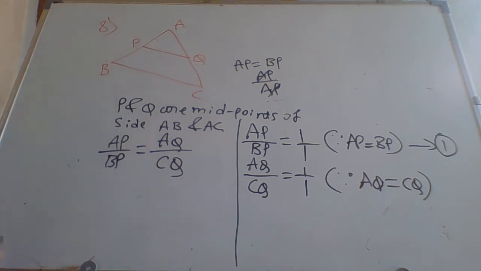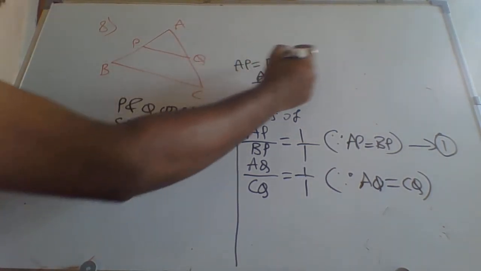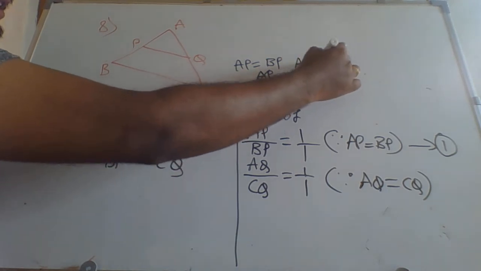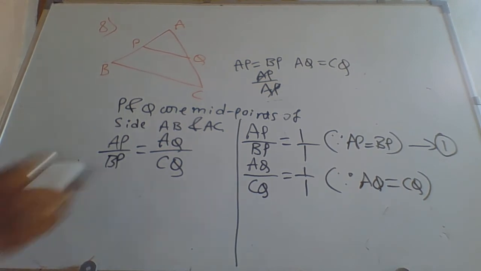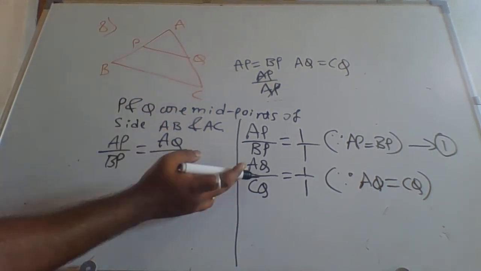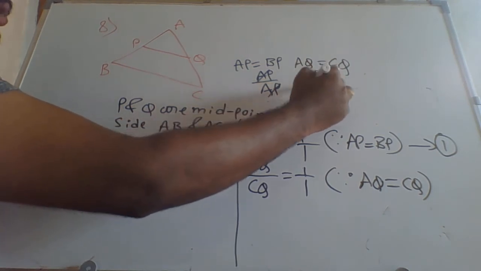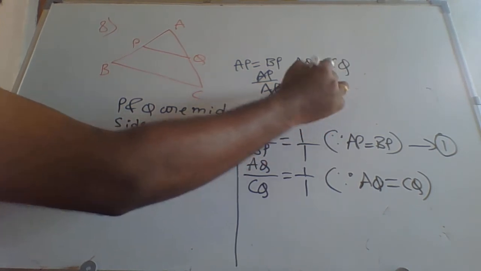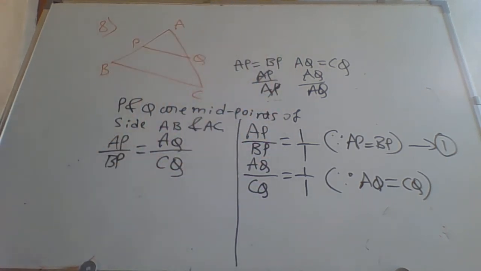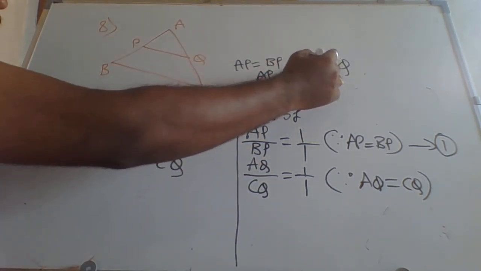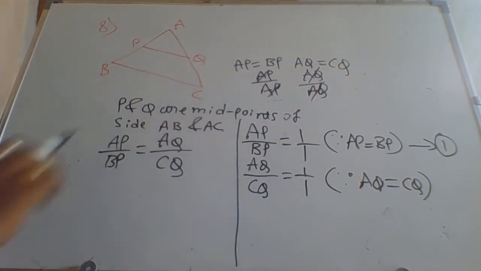If this Q is midpoint of side AC, then we can write AQ is equal to CQ. If AQ is equal to CQ, what happens here? AQ by CQ means here I can write AQ by AQ only. Why? CQ is equal to AQ. Therefore, when we divide these values, AQ by AQ means 1 by 1 only.